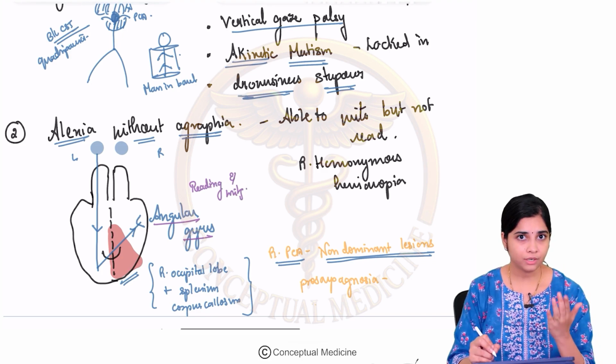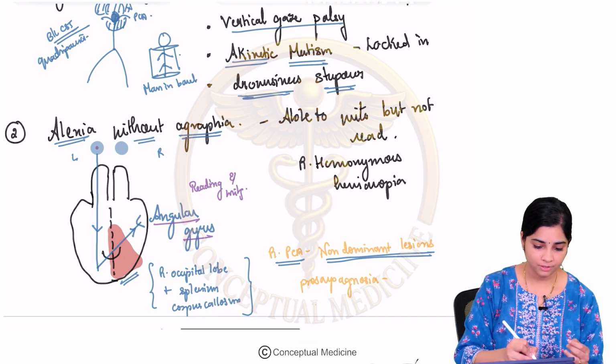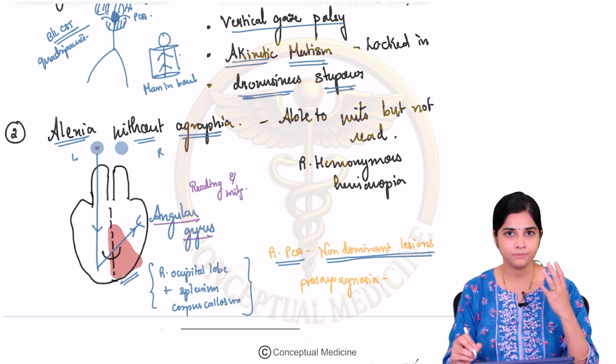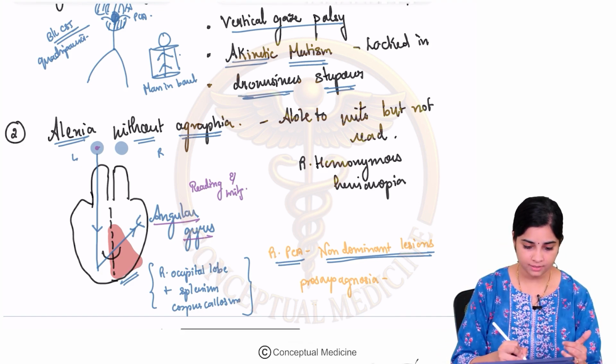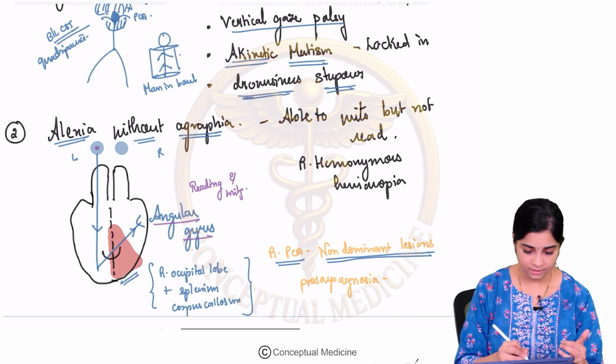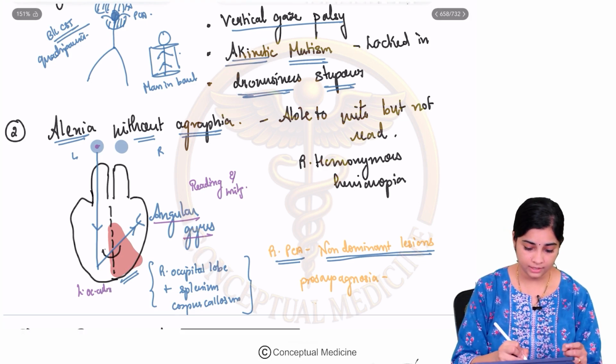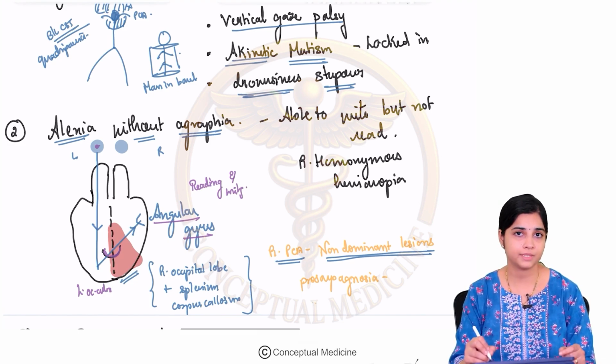Whenever you are reading something, for example, your left eye identifies it, then the impulse is transported to the left occipital cortex, and through this very important area, which is your splenium of the corpus callosum.